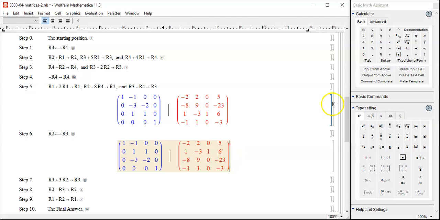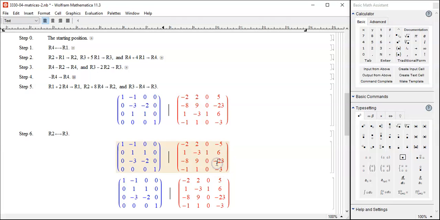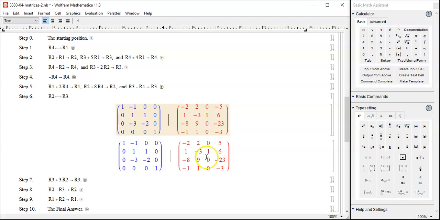And let's see, is that what we get? Let's check. Okay, alright. So far so good. But also we got 1 here, so I'm in a good setting. Okay, alright.